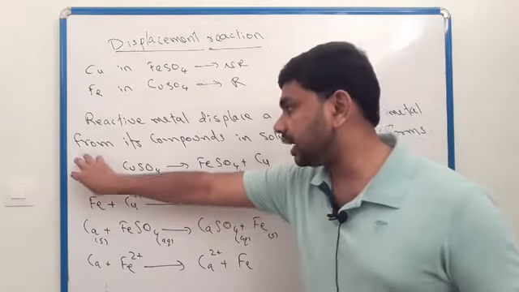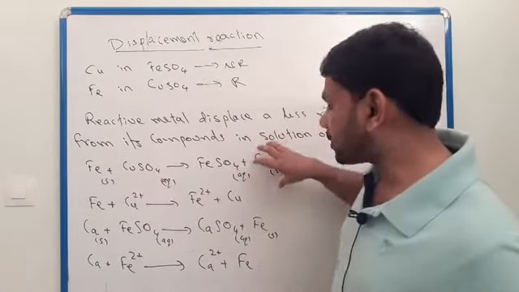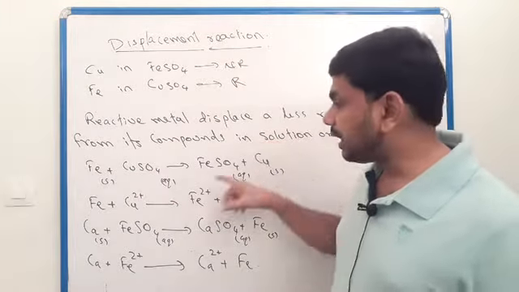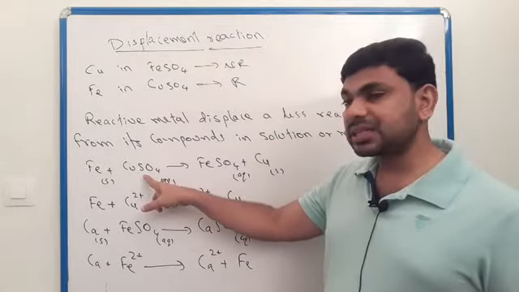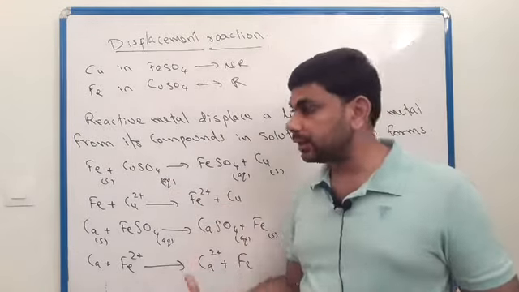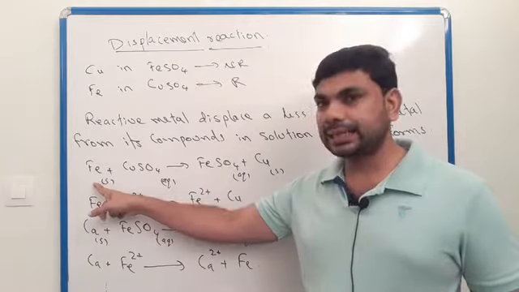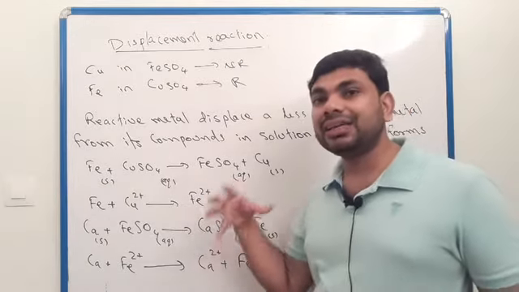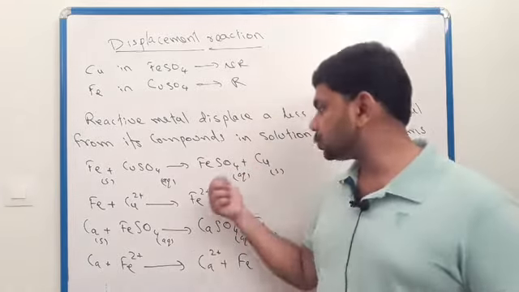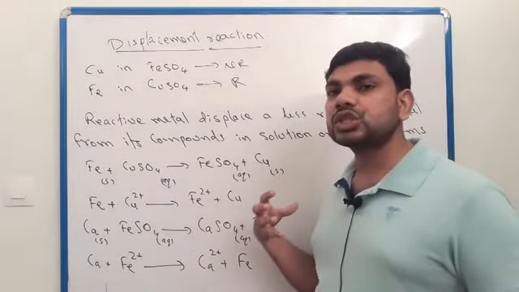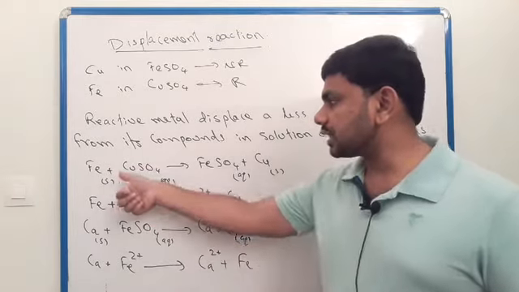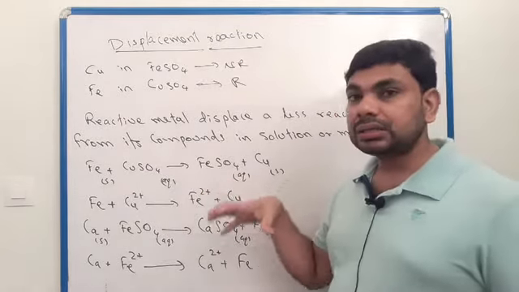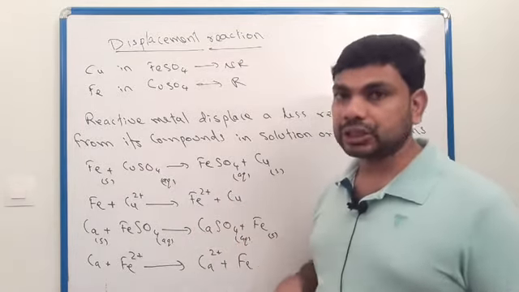Here iron is free, here copper is free. Here it is aqueous copper sulfate solution, and here iron is in solid state. Similarly, here iron sulfate is in aqueous solution, and here copper is in solid state. This is the chemical equation for this displacement reaction.